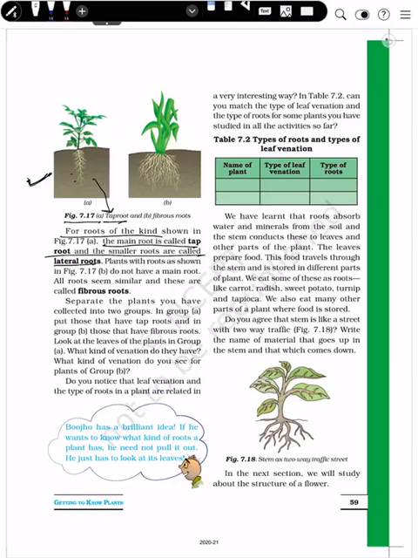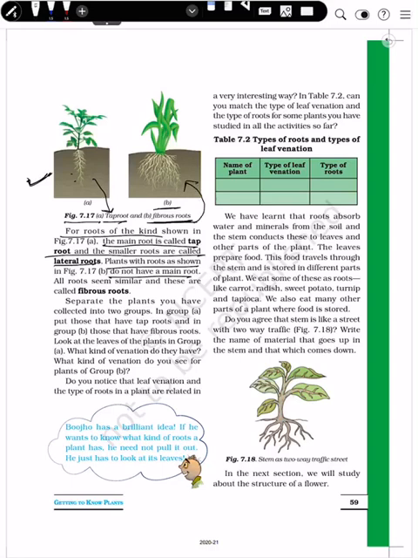If we come to diagram B, that is the plants with roots which do not have a main root. These kinds of roots are called the fibrous roots.